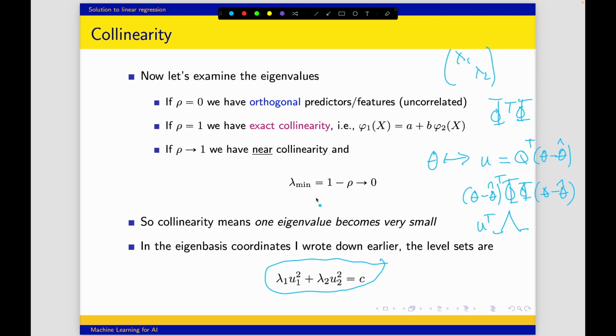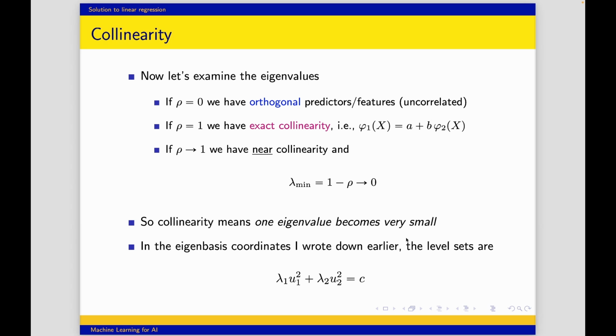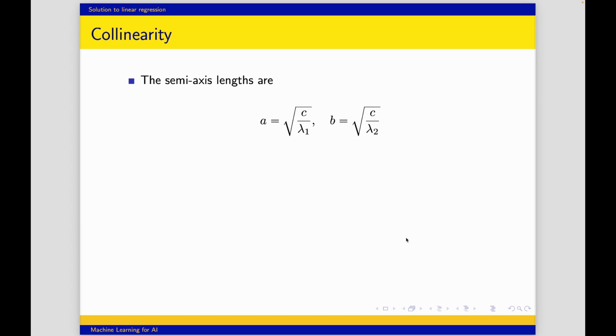So in this case, we're going to have lambda max and lambda min times u. And this contour or level set is equivalent to this contour or level set. So it looks like this. It's an ellipse with minor and major axes aligned along the u1, u2 axes.